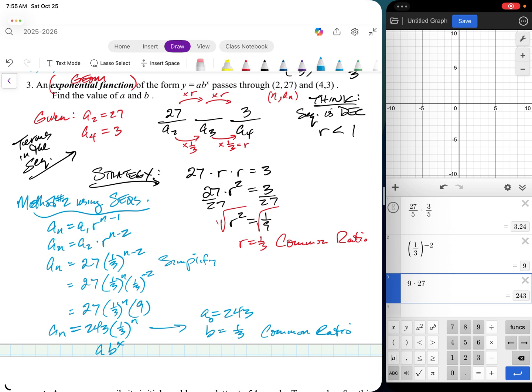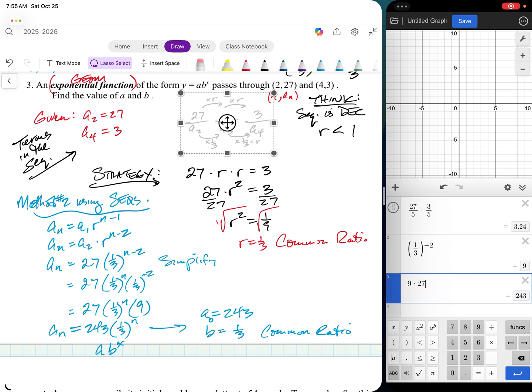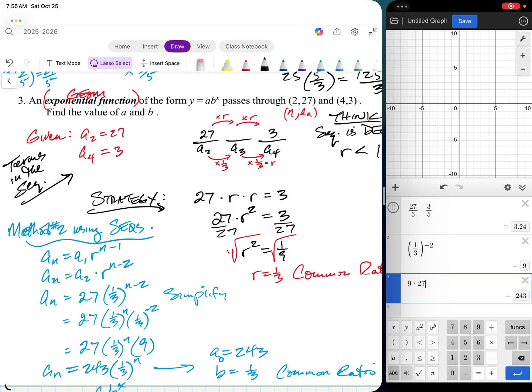Now let's see if that makes sense. So let's go backwards in time. Take a look at what we have up here. We don't know a sub 0, so let's find it. A sub 1, if you multiply by 1/3 to the right, you divide by 1/3 to the left, which means if you divide by 1/3, you're multiplying it by 3.